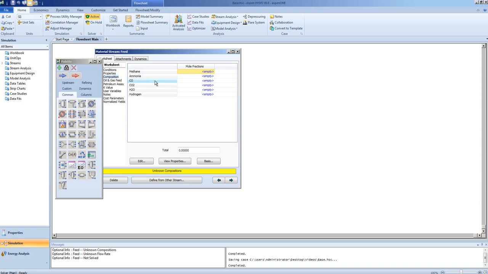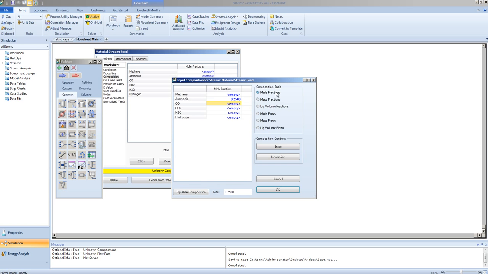Its composition is going to be mainly ammonia, water, and some hydrogen and methane. So the ammonia present is 25%. This is on a mole fraction basis. The water present is 50%. We'll add some CO and some methane.